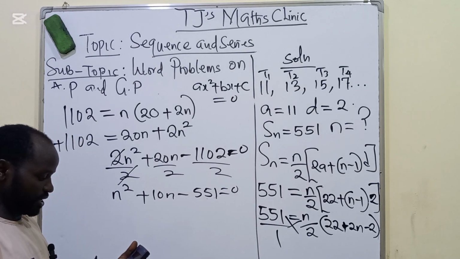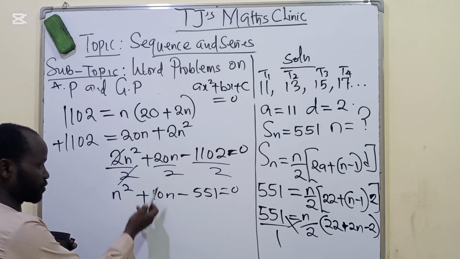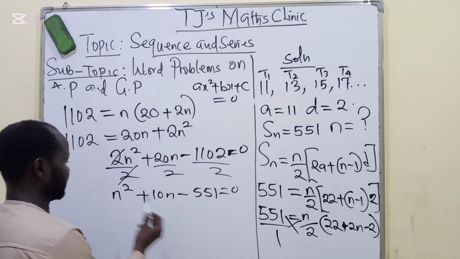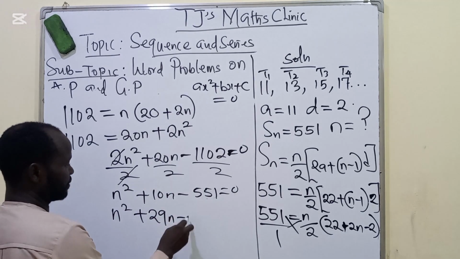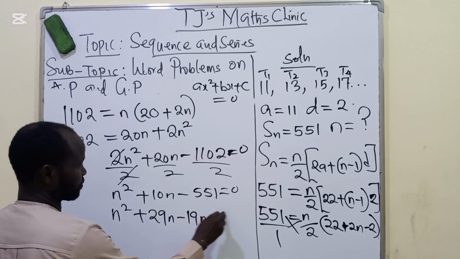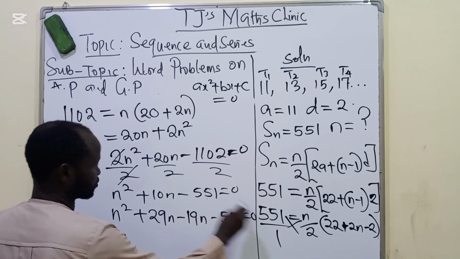That will be 29 and minus 19. So it will be n squared plus 29n minus 19n minus 551 equals 0.